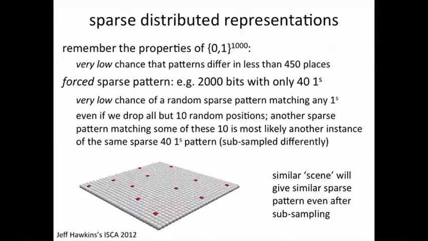However, if you see completely different scenes, the chance that the sparse patterns we get match in a large number of positions is very small. And that's a very important part of this kind of representation. The key is the number of bits that we start with, the fact that we choose only a small number of them as ones, and randomly drop some of them each time. All these things put together make it very unlikely that dissimilar scenes will give the same sparse patterns, but similar scenes will very likely give the same sparse pattern, or sparse patterns that match each other.